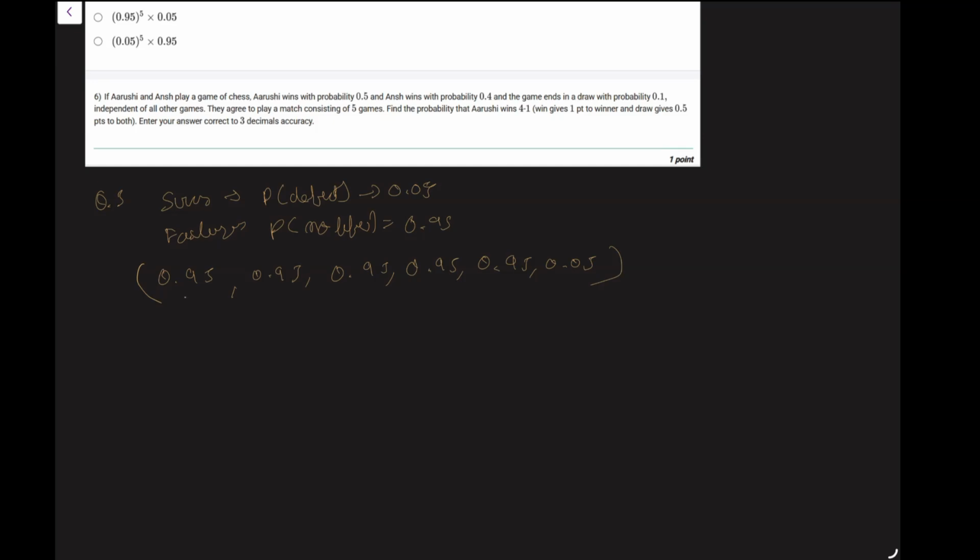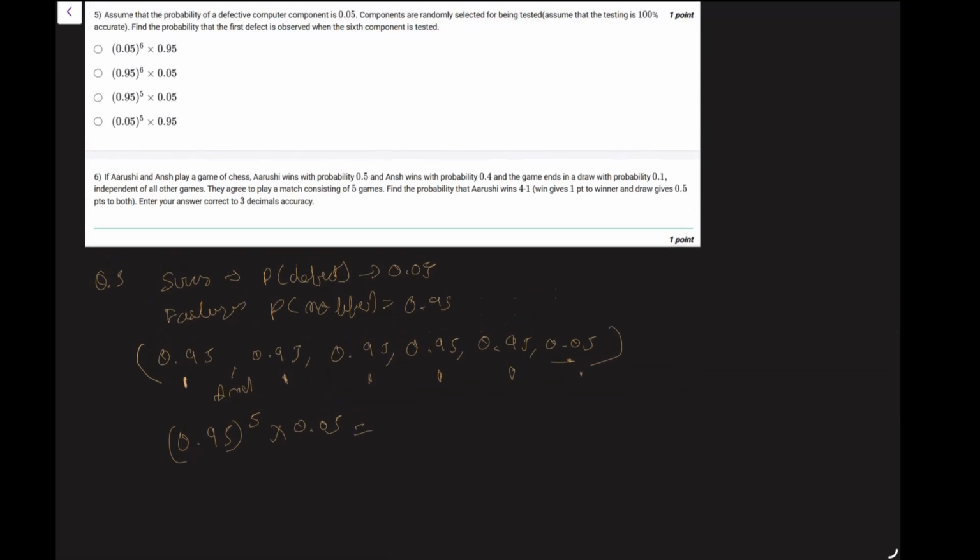So to get the first defect as the sixth item, you have to see that the first item is all right, no defects, and here's the keyword and. The second is also correct. The third is also correct, and fourth one and fifth one and sixth one. So because it's and, you are going to multiply: 0.95 to the power of 5 times 0.05. This will give you the answer, your correct option. So correct option, I think, is already given here.